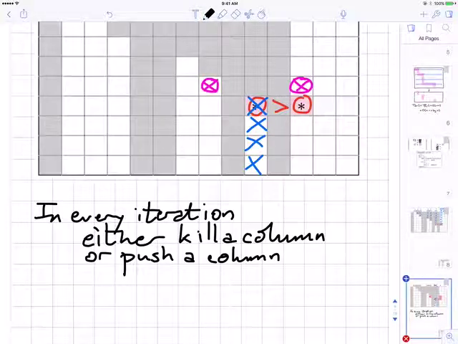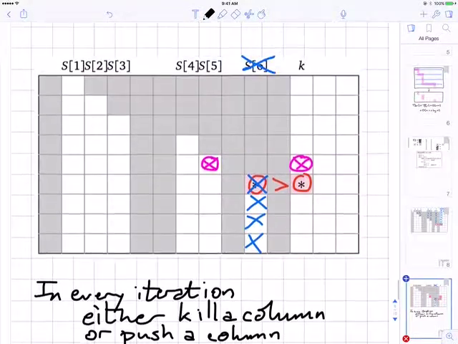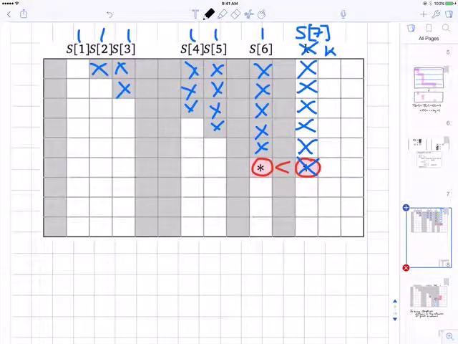So how many times can I push something onto the stack? In other words, how many times can I execute this pattern? Yes? Number of rows? Well, close. Because the idea is every time you push something onto the stack, you'd like to say I can only do this the number of rows times, because every time I push something onto the stack, I move down to a lower row.